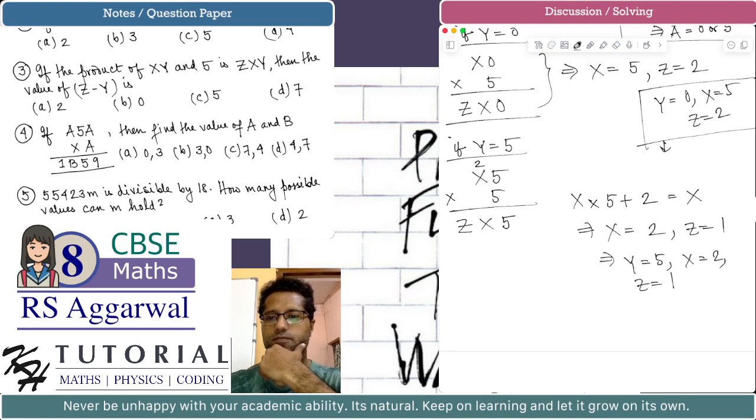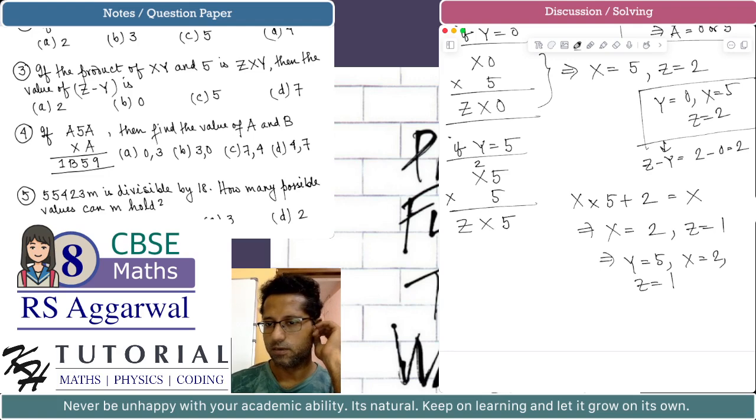For the previous solution, y equals 0, x equals 5, z equals 2, we have to find the value of z minus y. So z minus y is equal to 2 minus 0, which is 2. So one possible value of z minus y is 2.